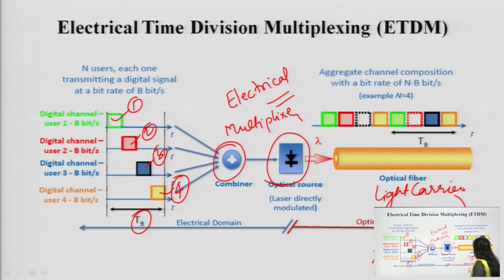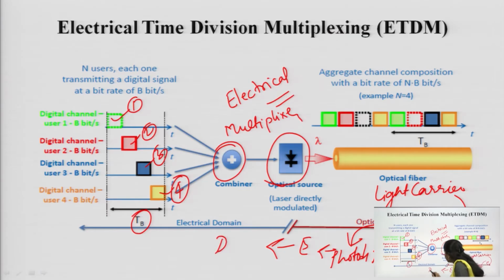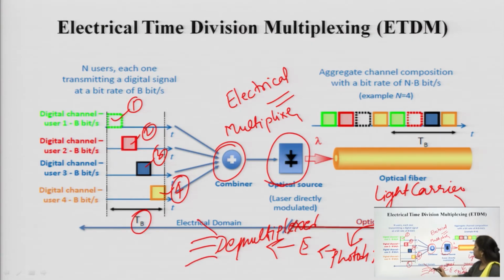And when this is received at the receiver section, again the optical signal is converted into the electrical one with the help of a photodiode, and when it is converted into electrical, it is demultiplexed, to provide signal to the 4 receivers.